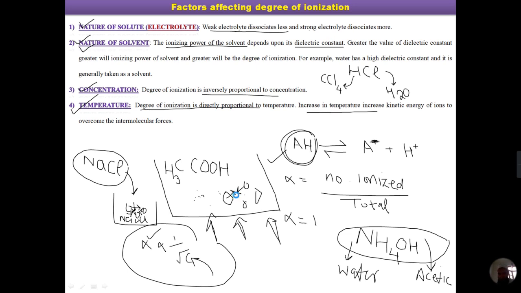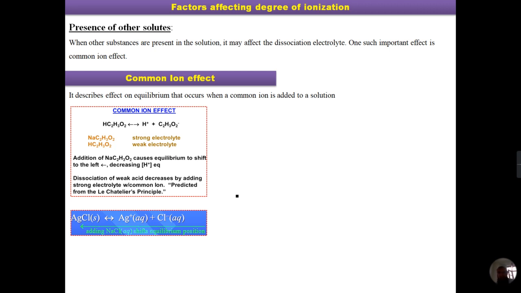Now another important factor, factor number 5. This is very important: the presence of other solutes. Say you have an electrolyte, let us say this is acetic acid, CH3COOH. We know it's a weak electrolyte. Its degree of dissociation is less, closer to 0, a very small value.